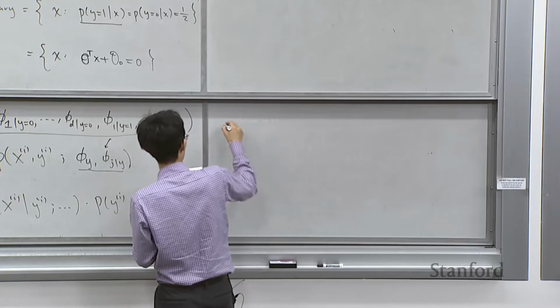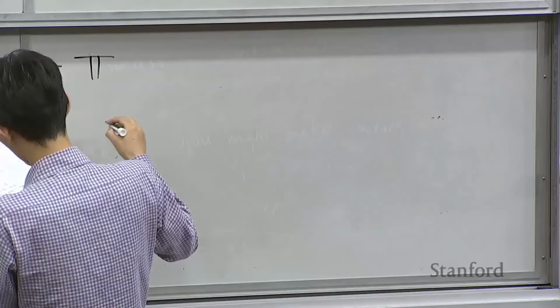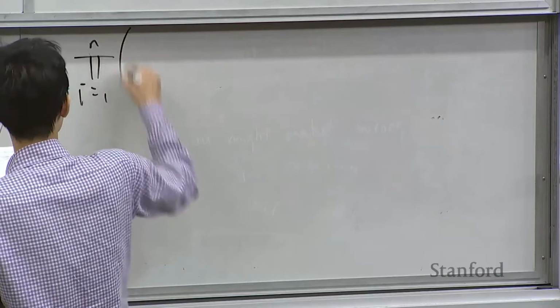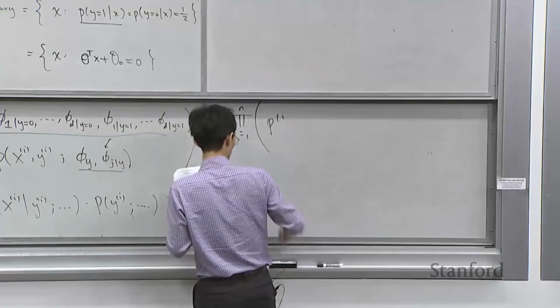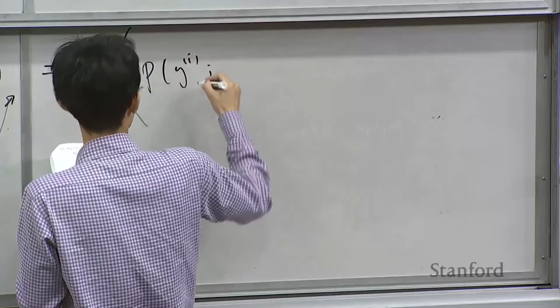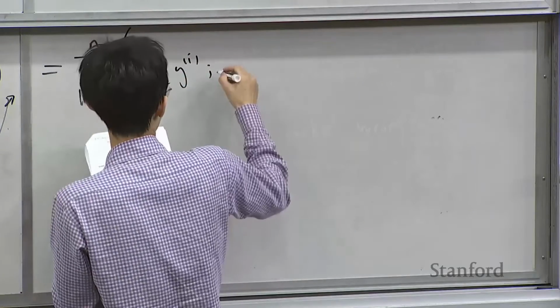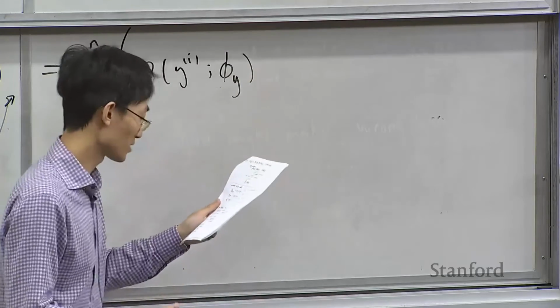So what I'm going to get is the product over i from 1 to n. I'm going to put this in front just to make it easier. And if I'm careful, I only have to write phi y here because the distribution of y only depends on phi y.